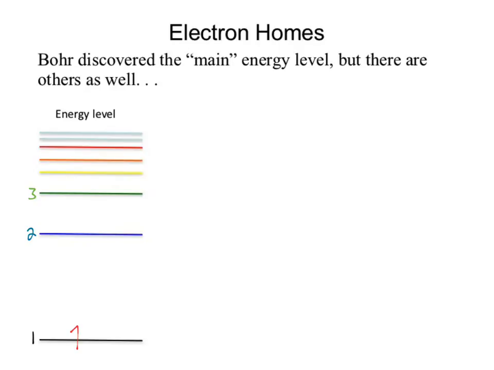Does it take more energy to go from the 1st to the 2nd or from the 2nd to the 3rd? The 1st to the 2nd is a larger jump than the 2nd to the 3rd. Same thing's going to happen all the way up. As you continue to go, that gap becomes narrower and narrower. It becomes less and less energetic to make that jump. Yes. And there are only 7 energy levels that, admittedly, we have discovered.